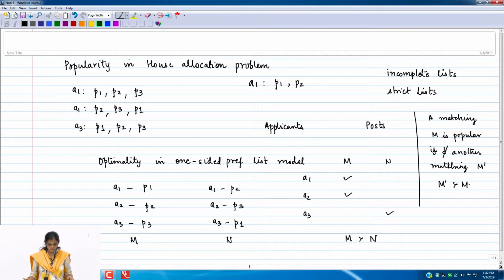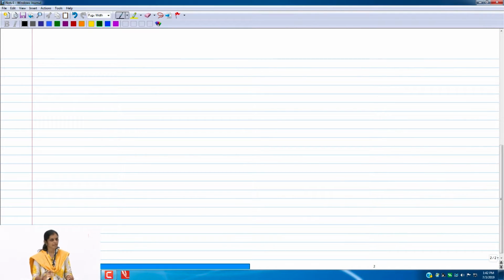So in the two-sided model where we have defined popularity, let's ask this question. Do popular matchings exist?